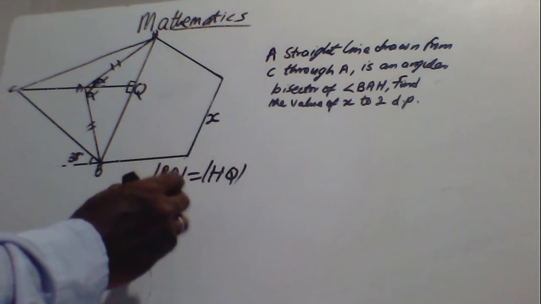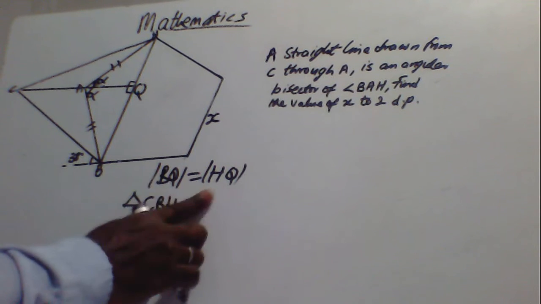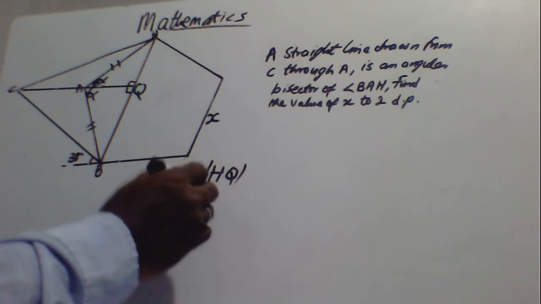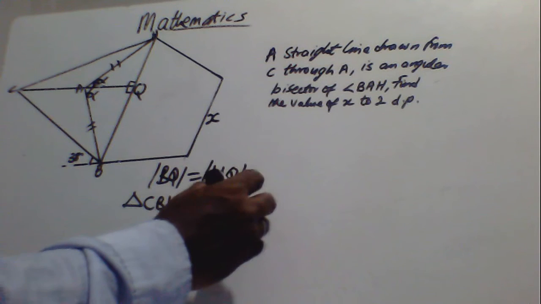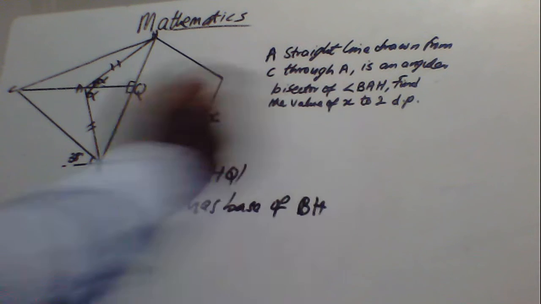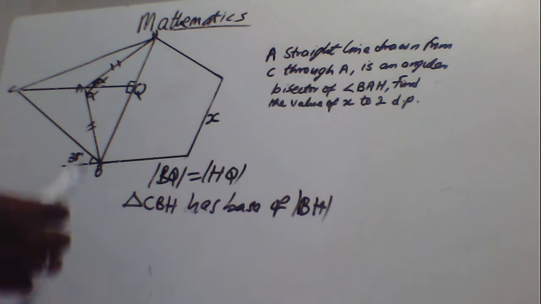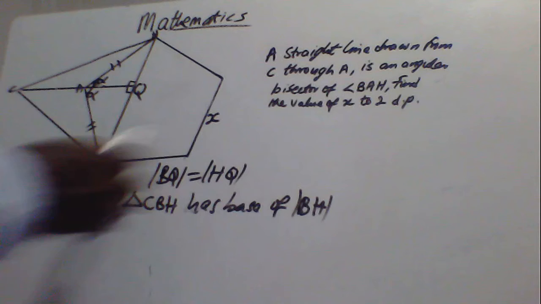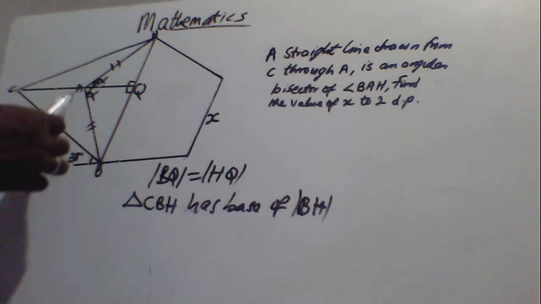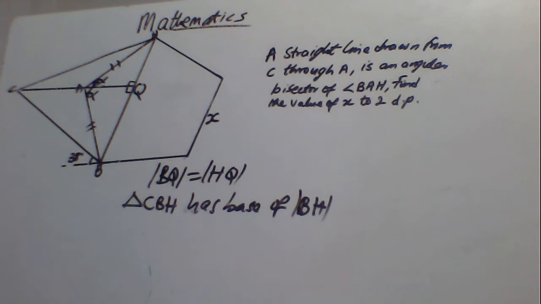Triangle CBH has base BH, as does triangle ABH. What does that mean?